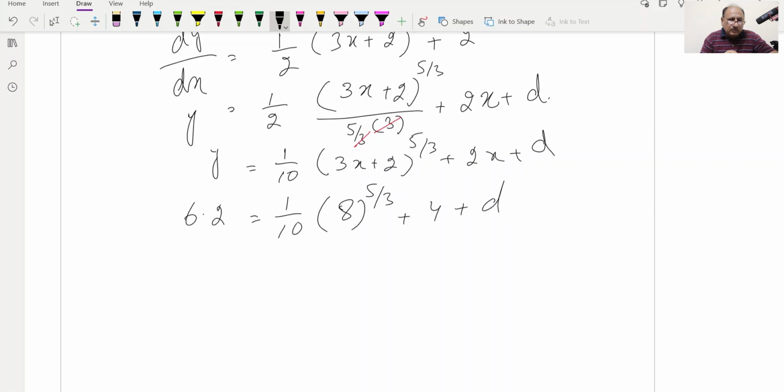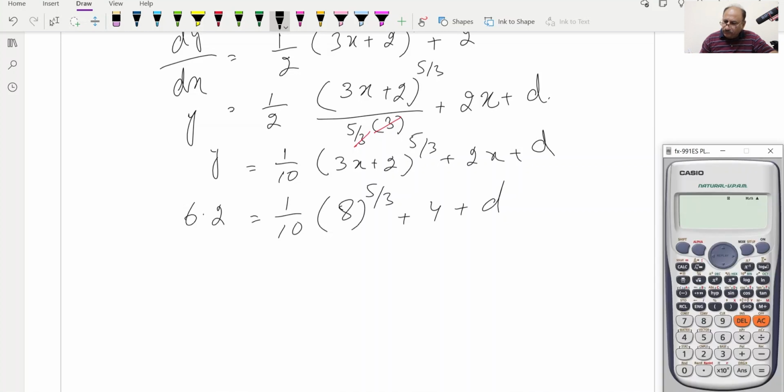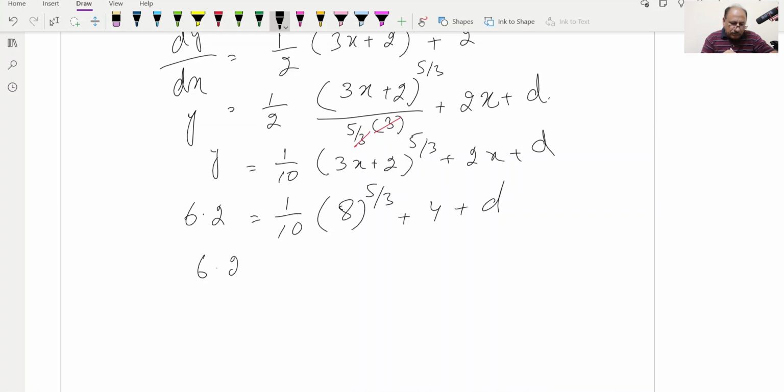Before d value we can simplify 8 raised to the power 5 by 3, which will be equal to 32. So 6.2 is equal to 32 over 10 plus 4 plus d.